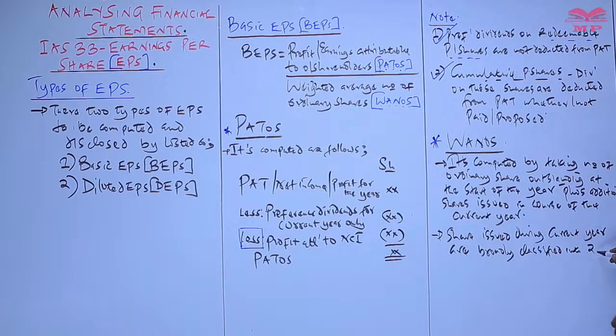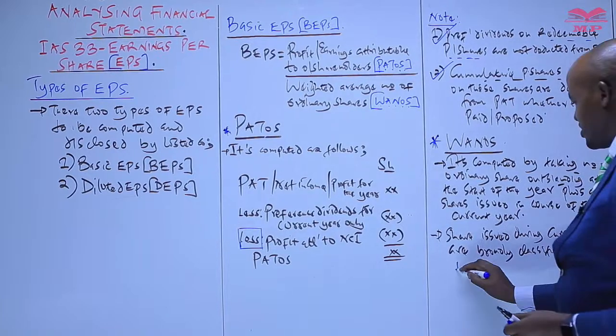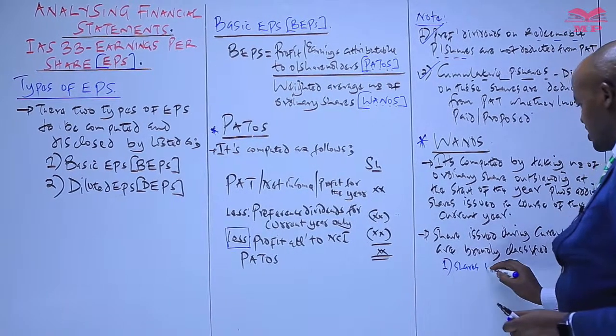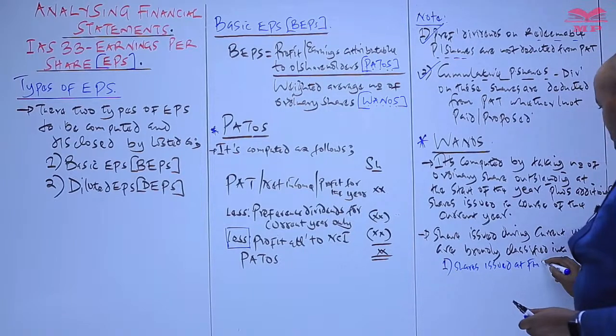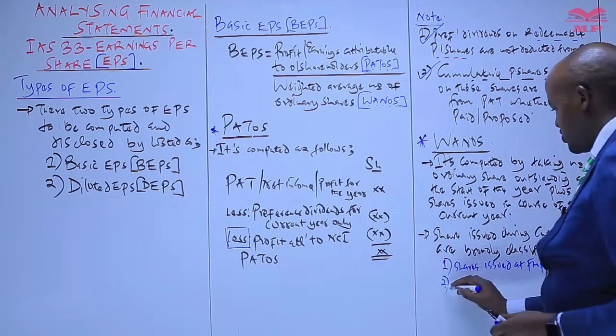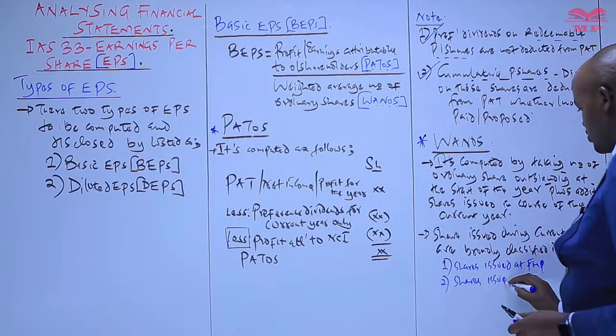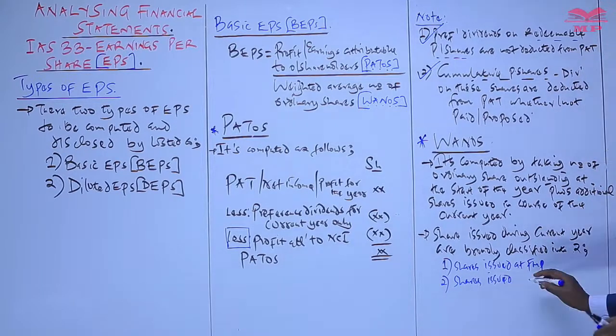Number one, the shares issued at full market price, and number two, shares issued at nil or no consideration.